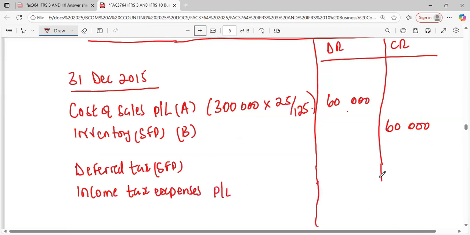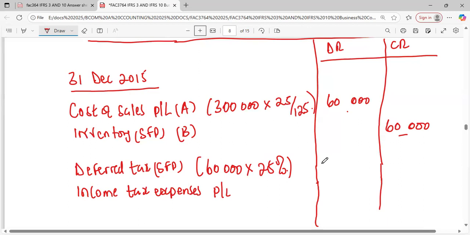Let's just use the percentage that is given. So the tax is now going to come from 60,000. It's going to be 60,000 times 28%. So that's the tax that is going to be reduced. So even now, when you go to do your consolidation, your income tax, it means you are going to reduce it by this deferred tax.